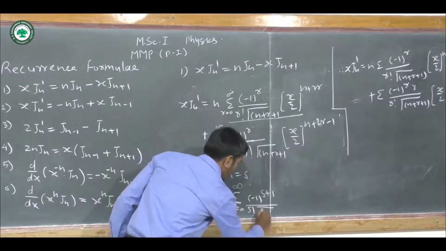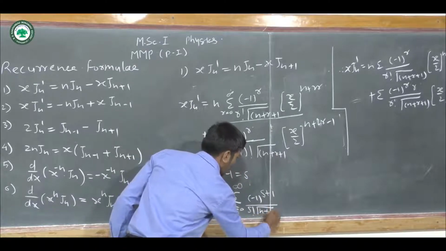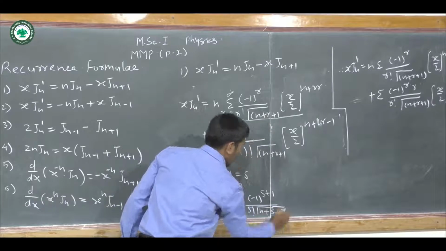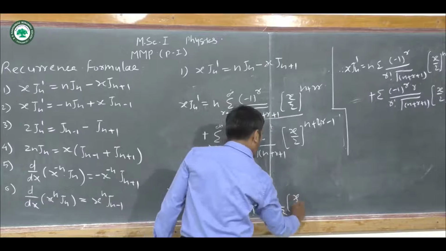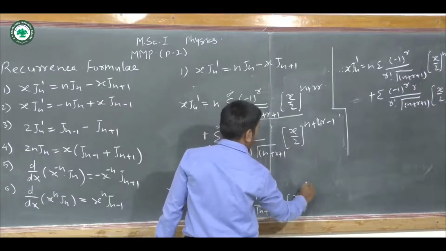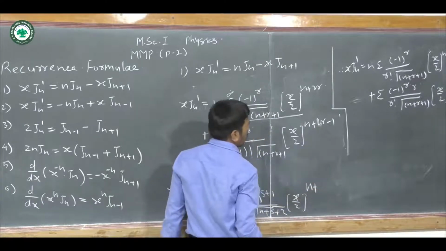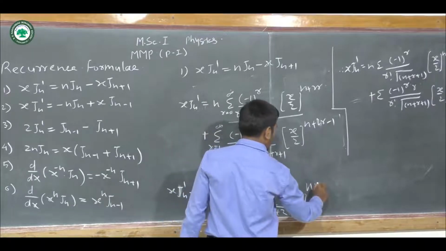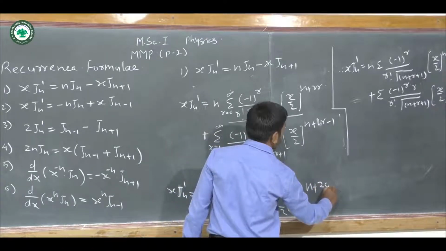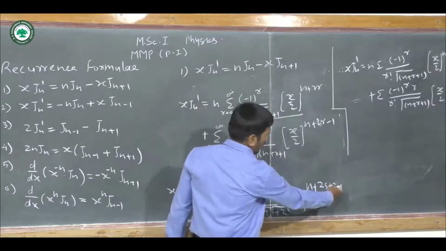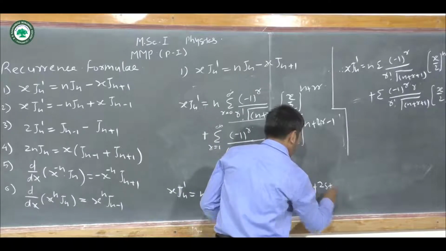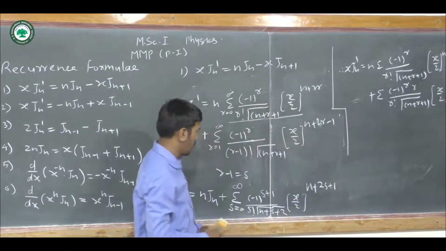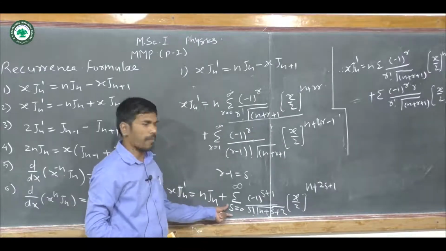And x by 2 power n plus 2s plus 2 minus 1. So this minus 1 plus 2 minus 1 gives plus 1. This is the expression for the second term.